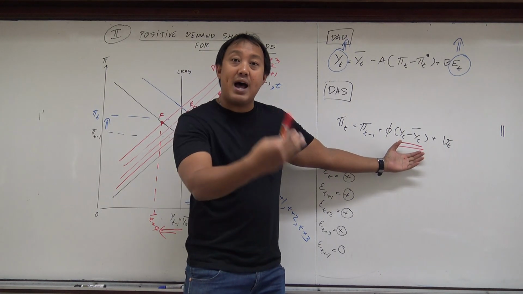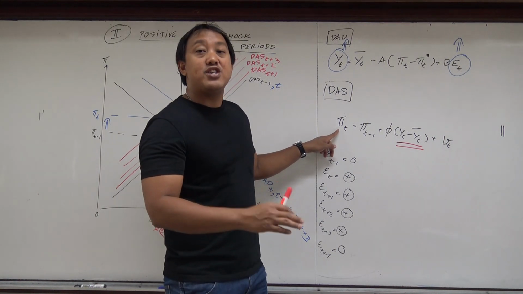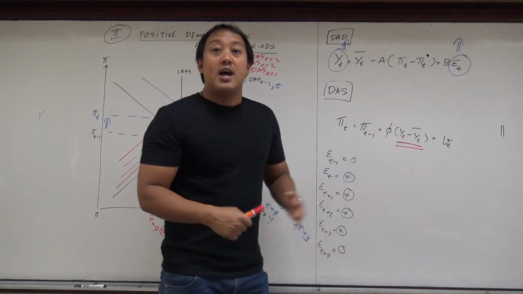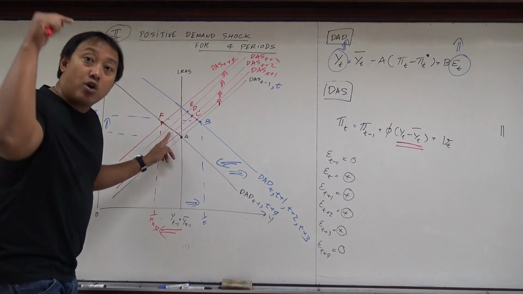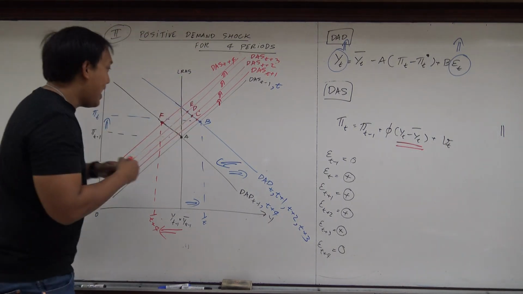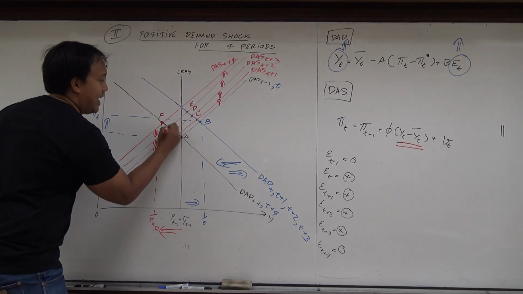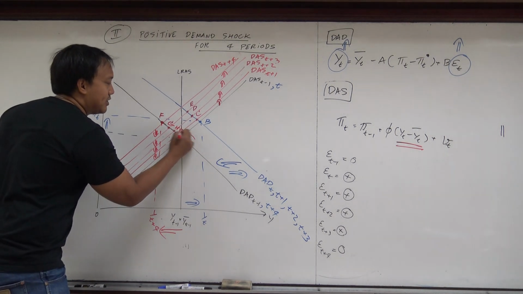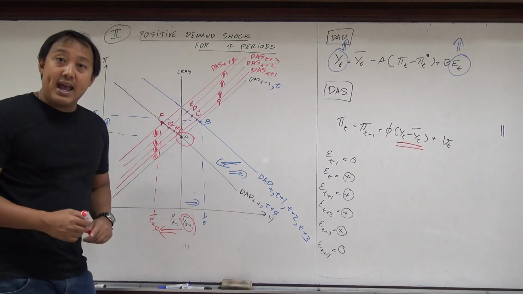So from now on, inflation today is going to be lower than inflation yesterday because this bracket is negative. So after the long holiday is over, inflation is going to be going down. The DAS curve is going to shift down. So it's going to be F and G, H, I, until it's going back to A again, coming back to Y bar again.